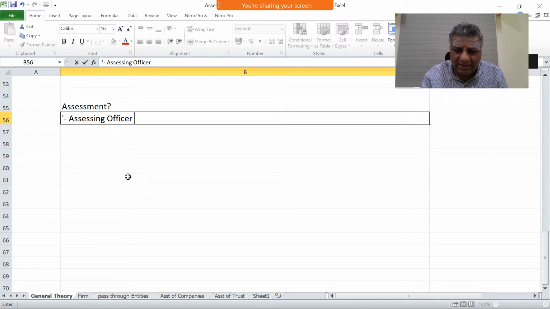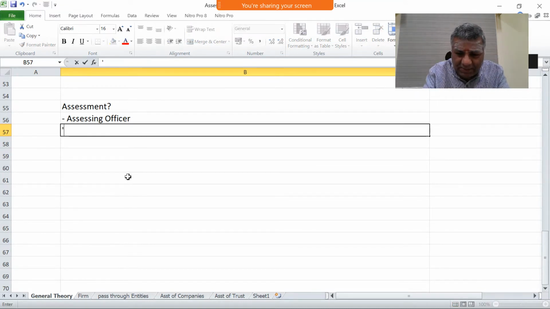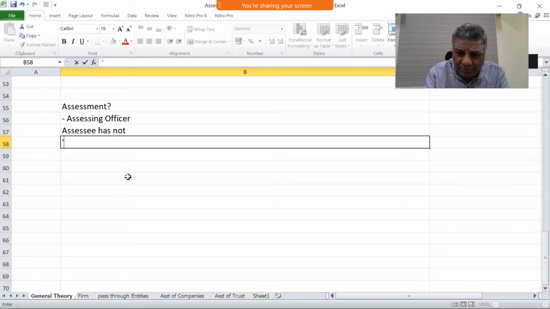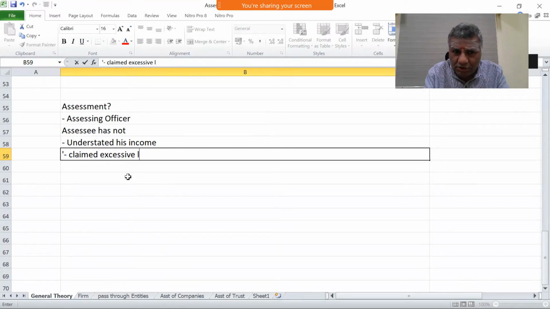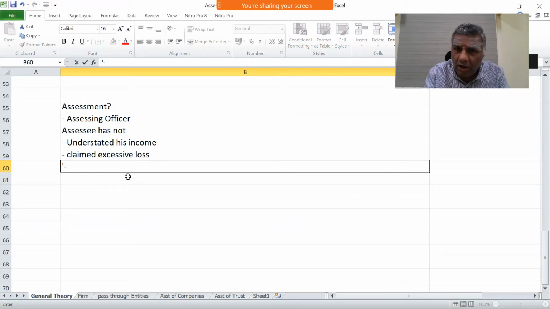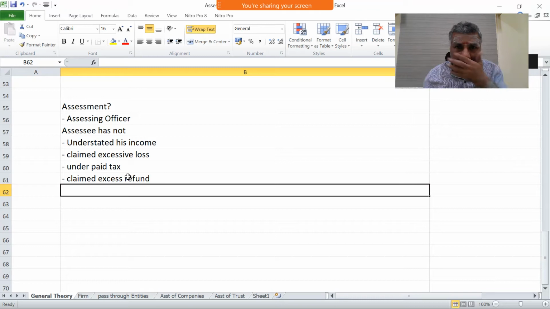Why I am saying this is, his purpose in assessment is to check that the assessee has not understated his income, claimed excessive loss, underpaid taxes, or claimed excess refund.